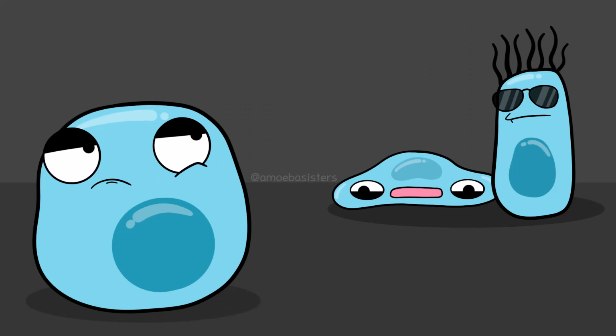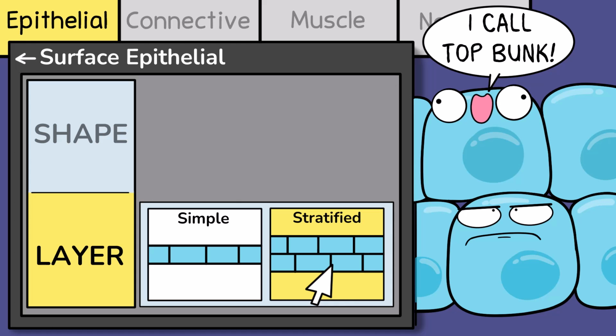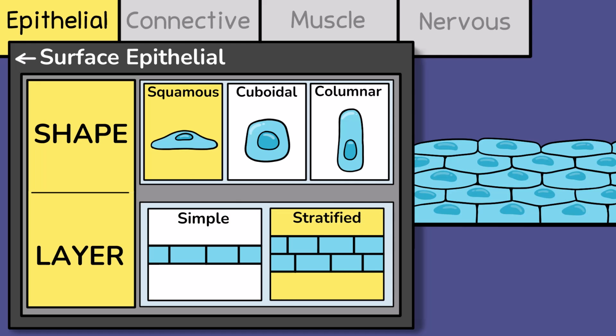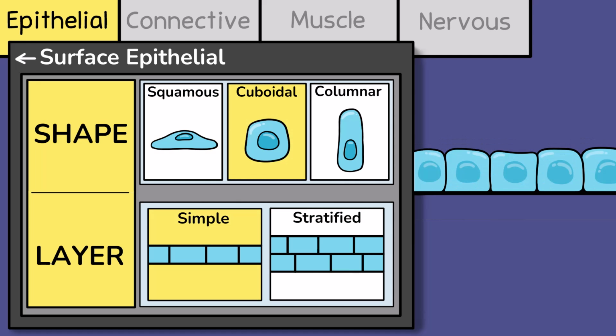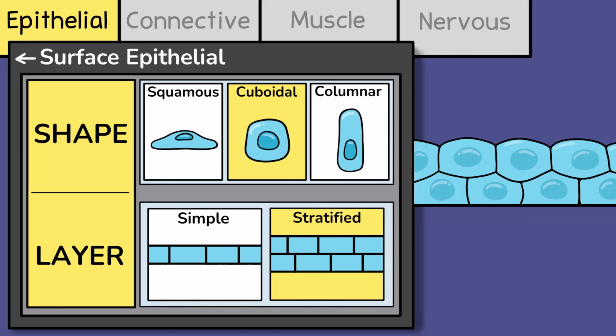Along with shape, the number of layers can vary. Surface epithelial tissue can be simple, 1 cell thick, or stratified, 2 or more cell layers thick. That means you could classify it as simple squamous or stratified squamous, simple cuboidal or stratified cuboidal, simple columnar or stratified columnar, and there's more classification than those examples.